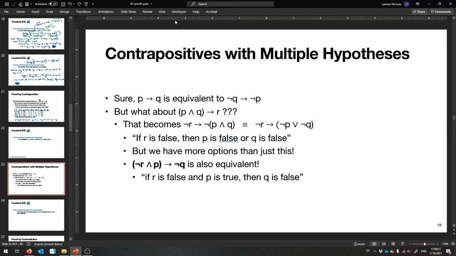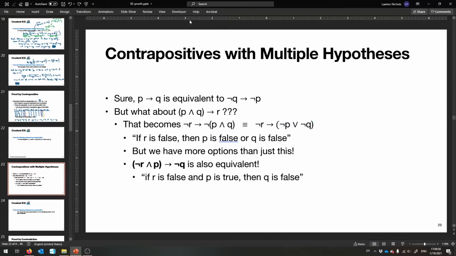Well, you can do the same thing. You can negate this, flip it, and negate that, which ends up giving you not R implies not P and Q, which, using De Morgan's laws, gives you not R implies not P or not Q. So it's like, okay, if R is false, then either P is false or Q is false, or maybe both.